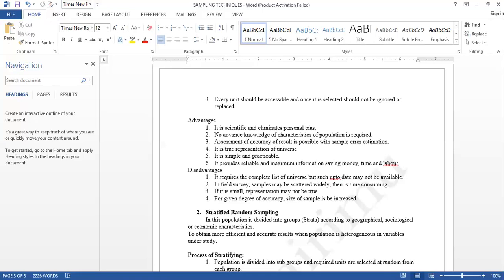It is practical in nature, and doubts from other people, for example, may not be there. And as a result of all this, remember we said we need to know a lot of information associated with the population where you are getting the sample. Because of that, you save time.